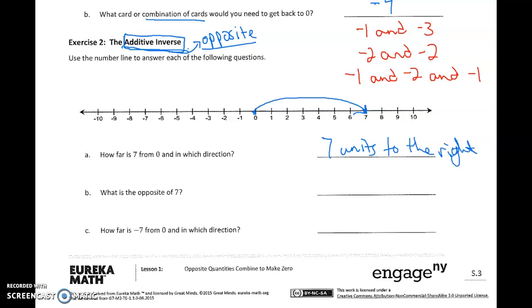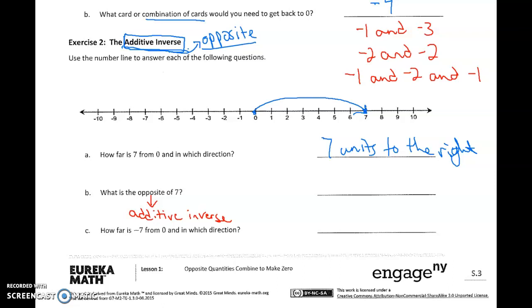Okay, 7 units to the right. Now, what is the opposite of 7? Remember, opposite, we could also say additive inverse. So what is the opposite or additive inverse of 7?